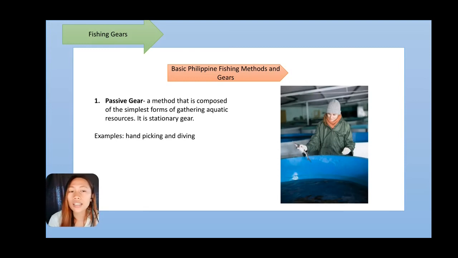And it is stationary, wherein you are stable, you don't move around or run or do anything else. All you have to do is to wait. So, some examples of these are hand picking and diving. Those are examples of passive gear.